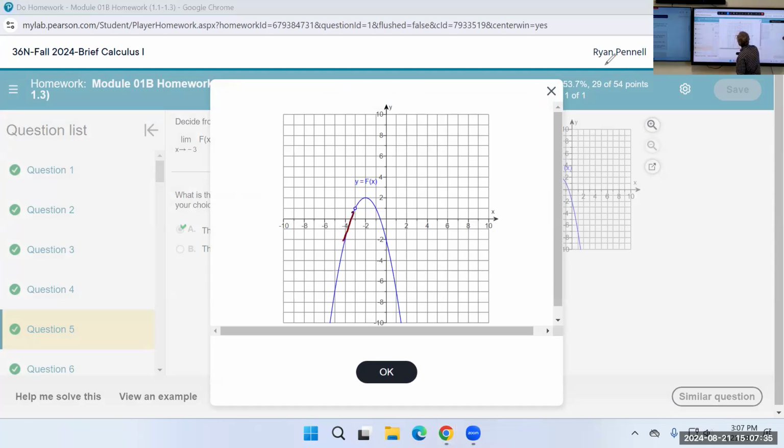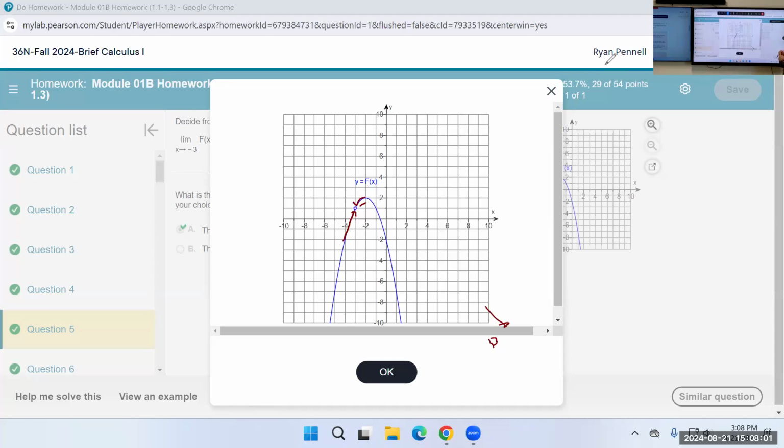It's getting closer and closer and closer, and it looks like it's going to that point, +1. And on this side, it's going to the same point there. So both left and right, it's going to the same point. So it looks like from both left and right, it's approaching +1.